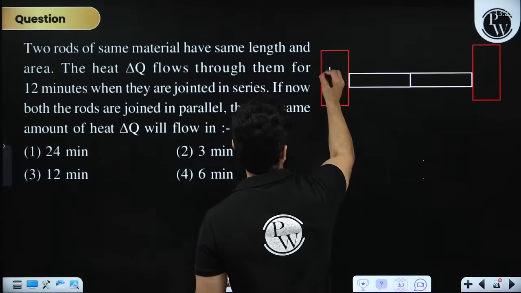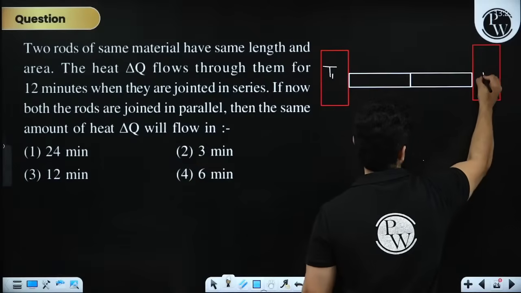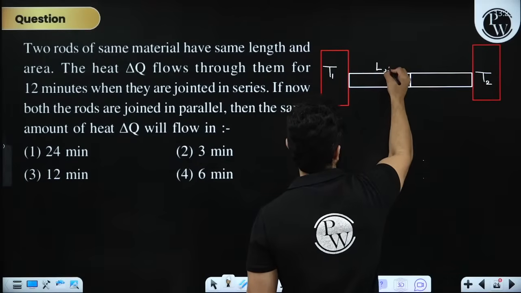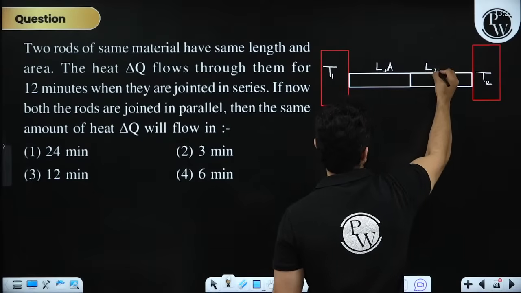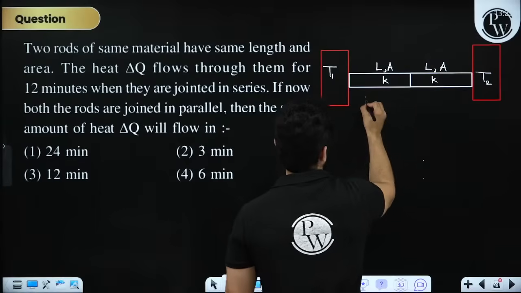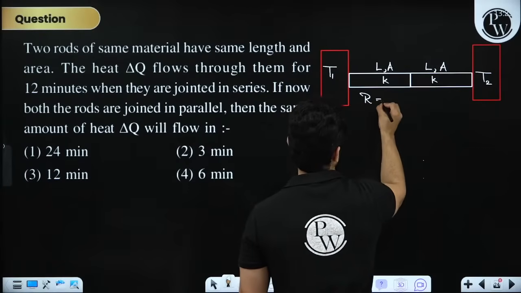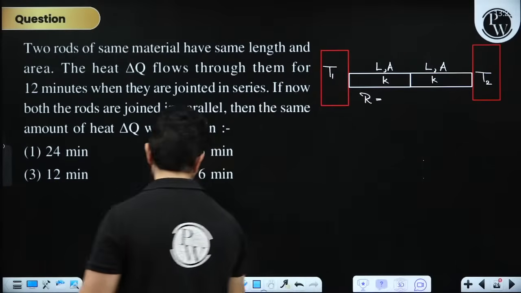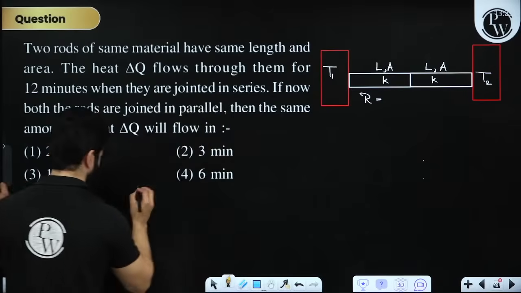So this is, let's say, T1, this is T2, and length is L, area is A, thermal conductivity is K, resistance, let's say. Resistance is L.